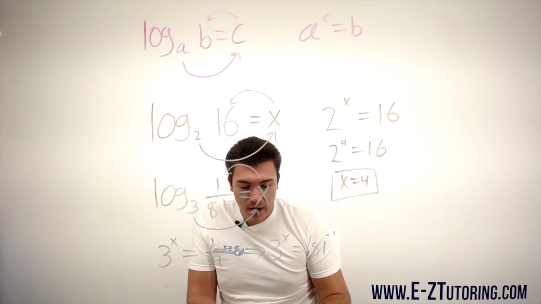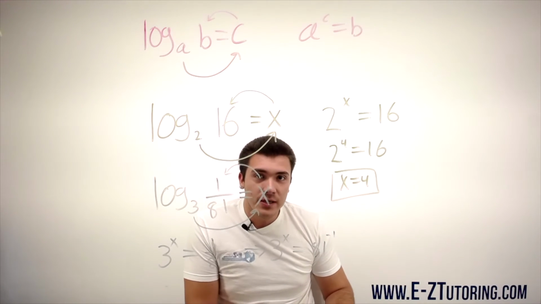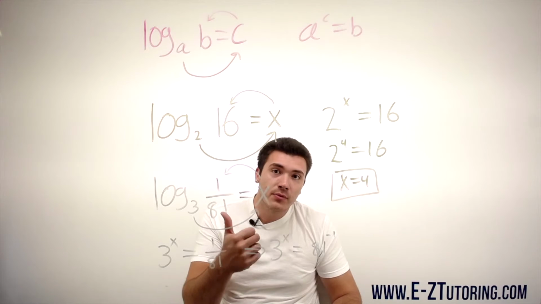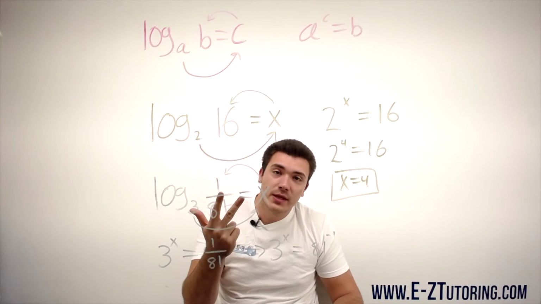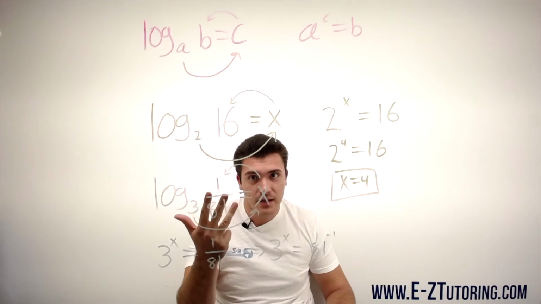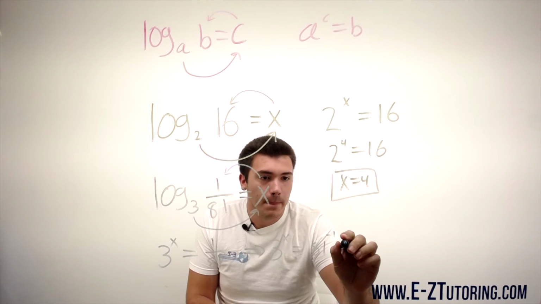So now we can do our mental math here and think about how many times we need to multiply 3 to get 81. Well, 3 times 3 is 9, times 3 is 27, times 3 is 81. So 3 to the power of 4 is 81.